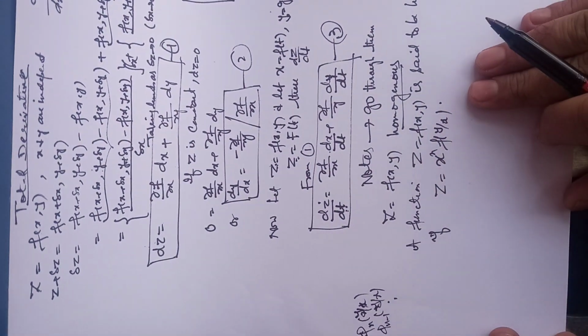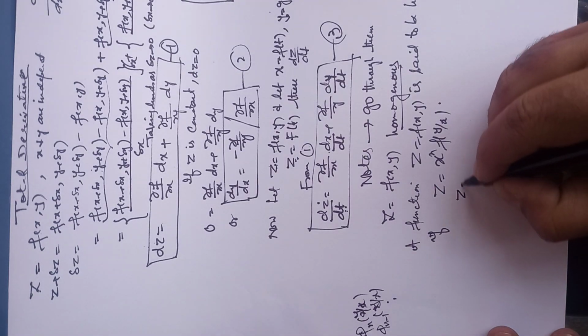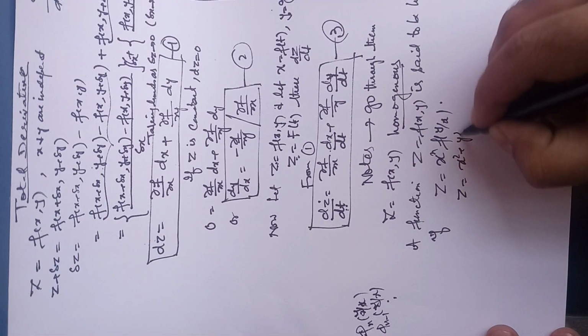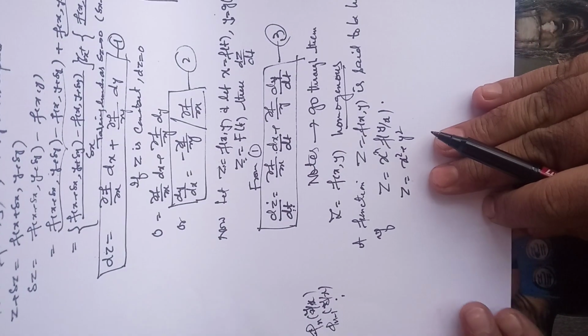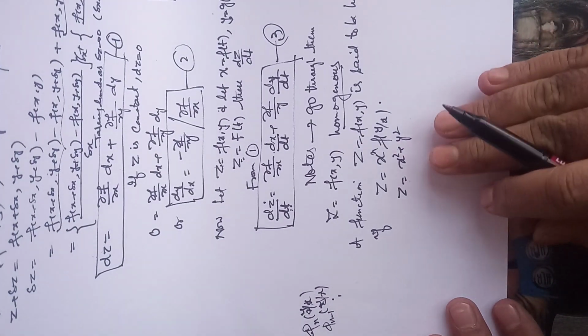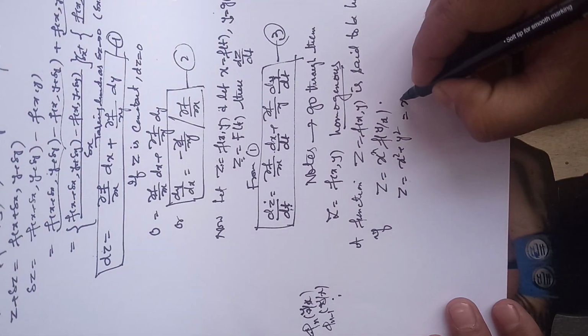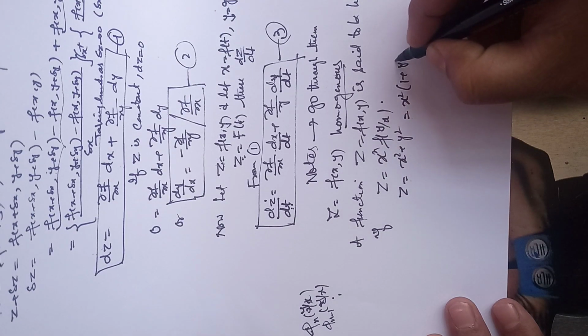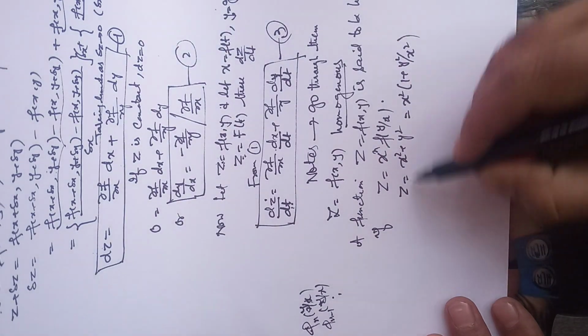Those were all homogeneous. For example, if you have z equal to x square plus y square, then this is a homogeneous equation of degree 2, because this can be written as x square times 1 plus y square by x square. So this is homogeneous.